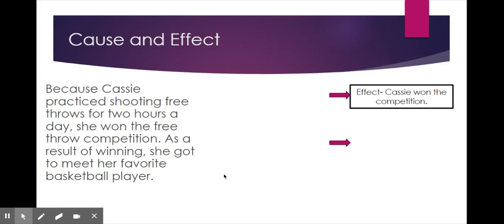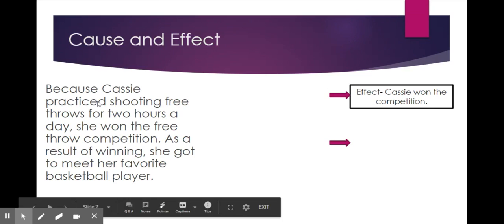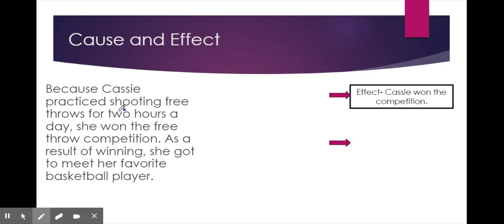Why did she win the competition? Let's go back into the paragraph. Casey won the free throw competition, and here it is. She won the free throw competition because she practiced shooting free throws 2 hours a day.